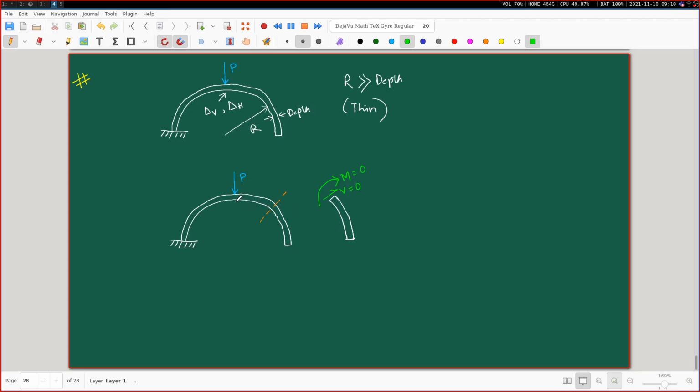But from theta equal to pi by 2 to pi, you have to include the influence of this force P. But even before we do that, let us first be absolutely clear that we are first trying to determine this delta V. So whatever we are discussing now corresponds to this delta V.